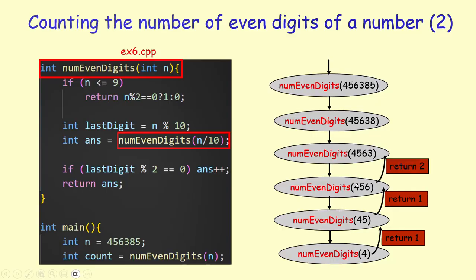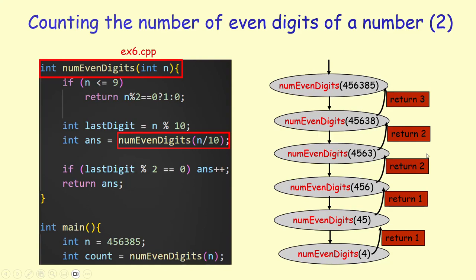As you can see, 456 has 2 digits that are even. So 4 and 6. In here, look at the last digit, which is 3. That's an odd number, so I'm not going to increment the result that's coming from the subproblem, so I'm going to return 2. In here, the last digit is 8, so that's an even number, so I'm going to increment the result of the subproblem by 1.